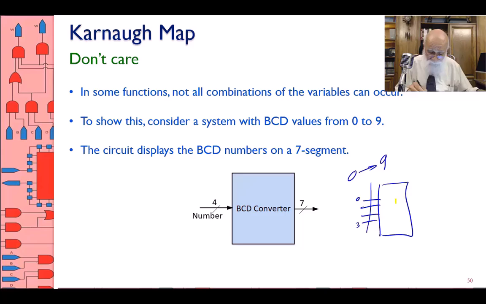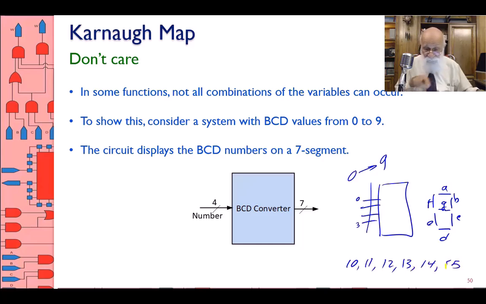And then you want to have a piece of hardware that would be driving a 7-segment display, with segments A, B, C, D, E, F, and G. And since this is a BCD number, it goes only from 0 to 9. Means 10, 11, 12, 13, 14, and 15 don't matter.